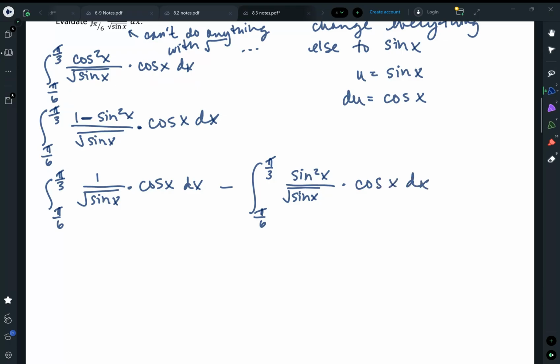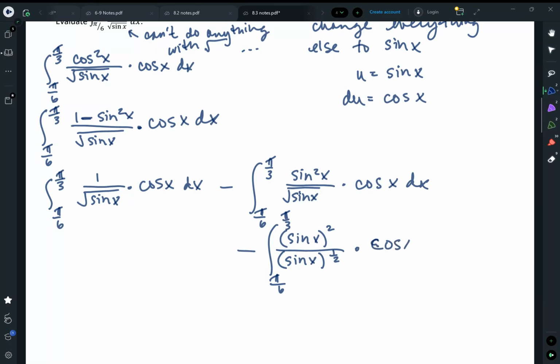Okay, so now this is where it gets really cool because I'm looking at the sine squared x over square root of sine x, and I'm thinking about how this is really sine x to the second power over sine x to the 1/2 power. And since they both have sine x, just raised to different powers, I can actually subtract those exponents.